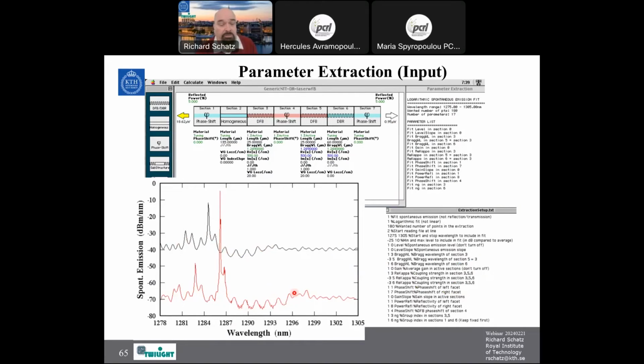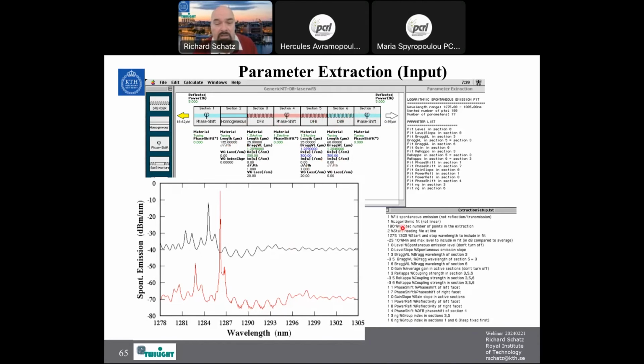And then I let the program iterate to try to match all the mirror reflectivities, the coupling coefficient, the difference in Bragg frequency between this and the passive reflector here, and also the Bragg frequency here. And so I try to adapt all these parameters to get the best fit possible.